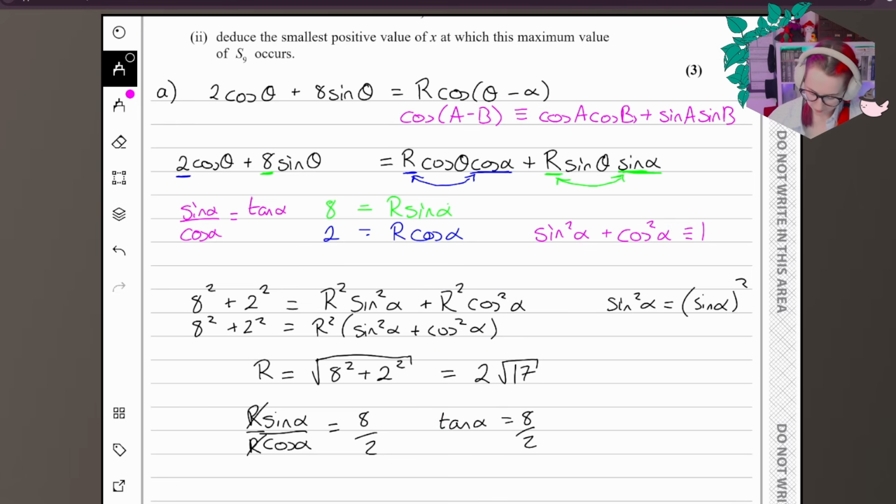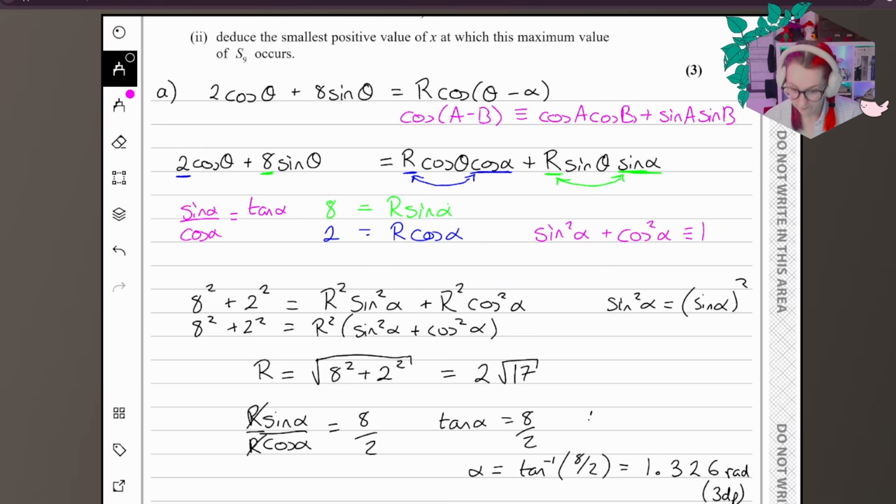And then we need the inverse tangent, so we undo that tan function on that side. So we get inverse tan of 8 over 2, and I make sure that I'm in radians because it said we were in radians. It told me to do it in 3 decimal places. 1.326 rad to 3 dp.